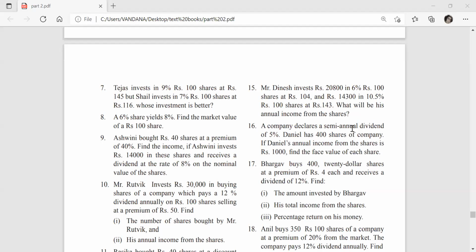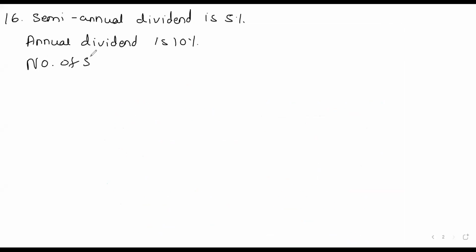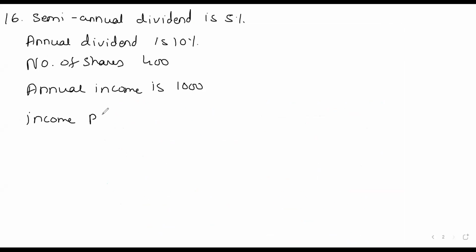Daniel has 400 shares of a company. So number of shares is 400, and the annual income is 1000. So income per share is 1000 divided by 400, that is 2.5. 2.5 is the income per share.